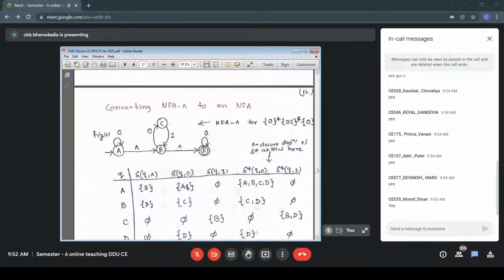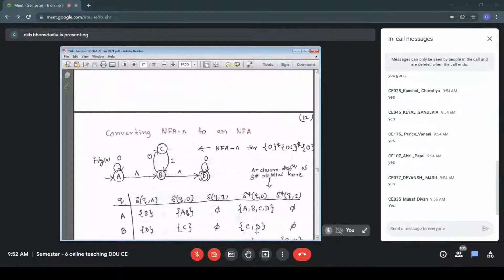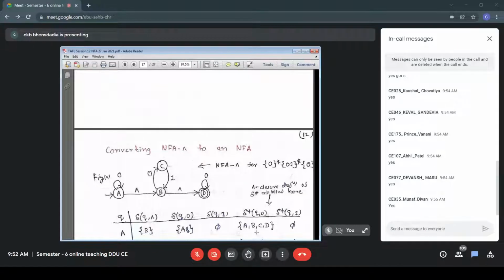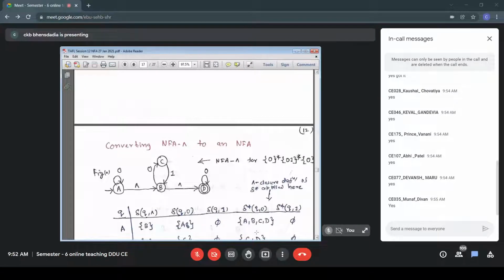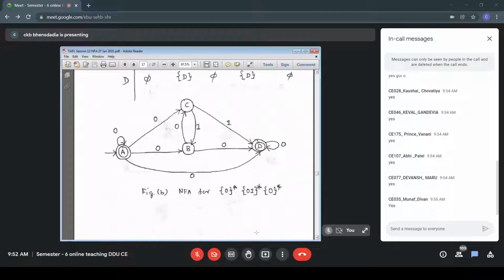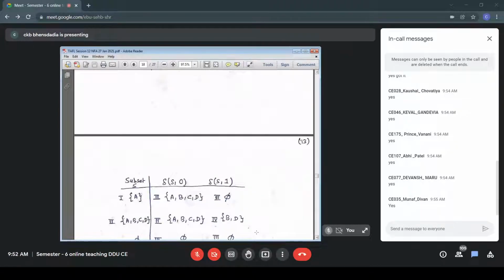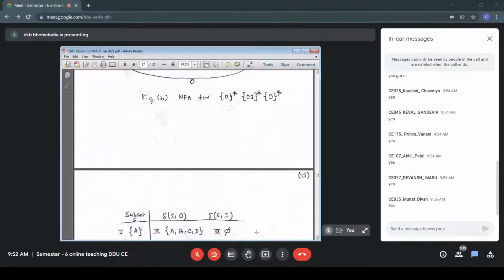So now we convert this NFA into a DFA, deterministic finite automata, and we know that converting NFA to DFA, we copy row number 1. So here it is: A, B, C, D, phi.